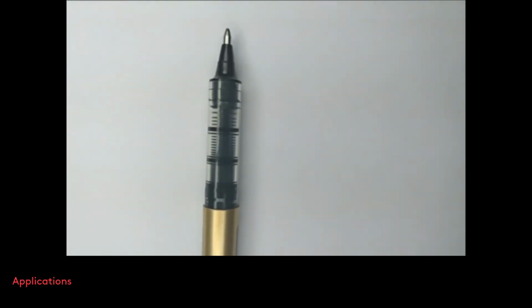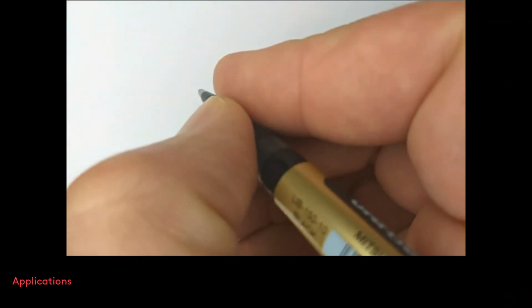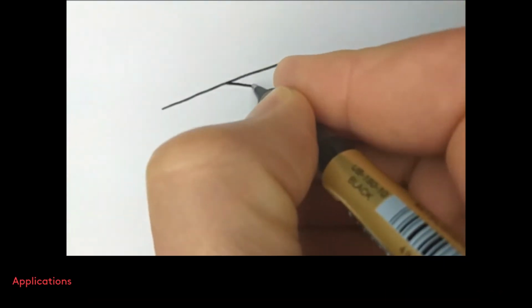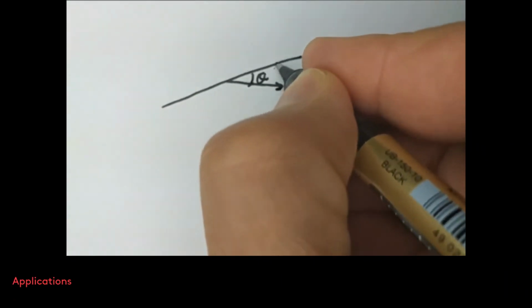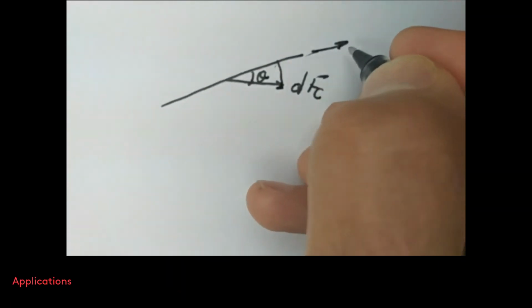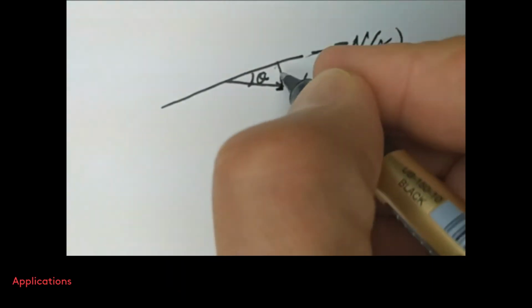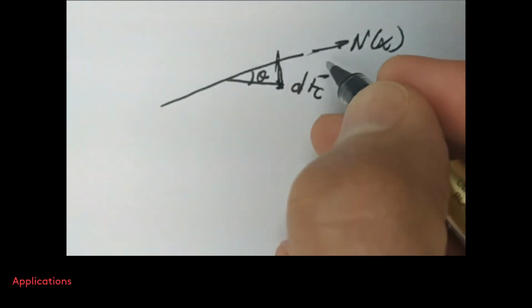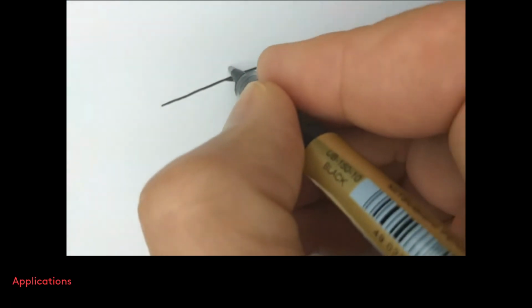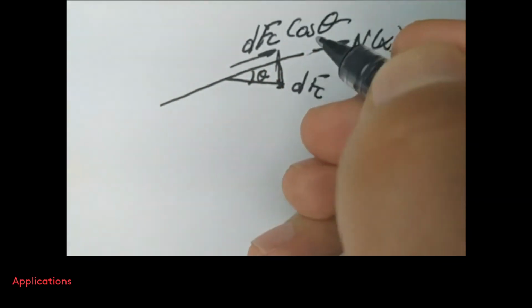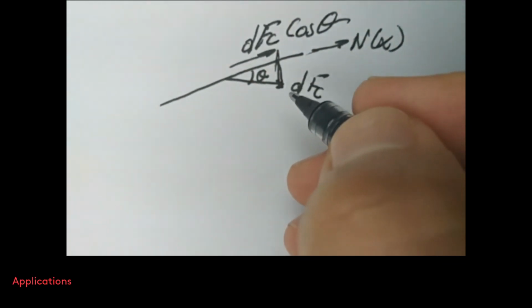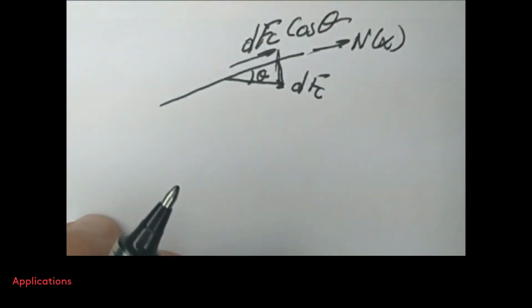Therefore, let me draw it here again. If this is my blade, this is the Fc, and this is theta. Now I'm looking for the Nx, so I need the horizontal component, which is the Fc multiplied by cosine theta. So let's write the Nx then.